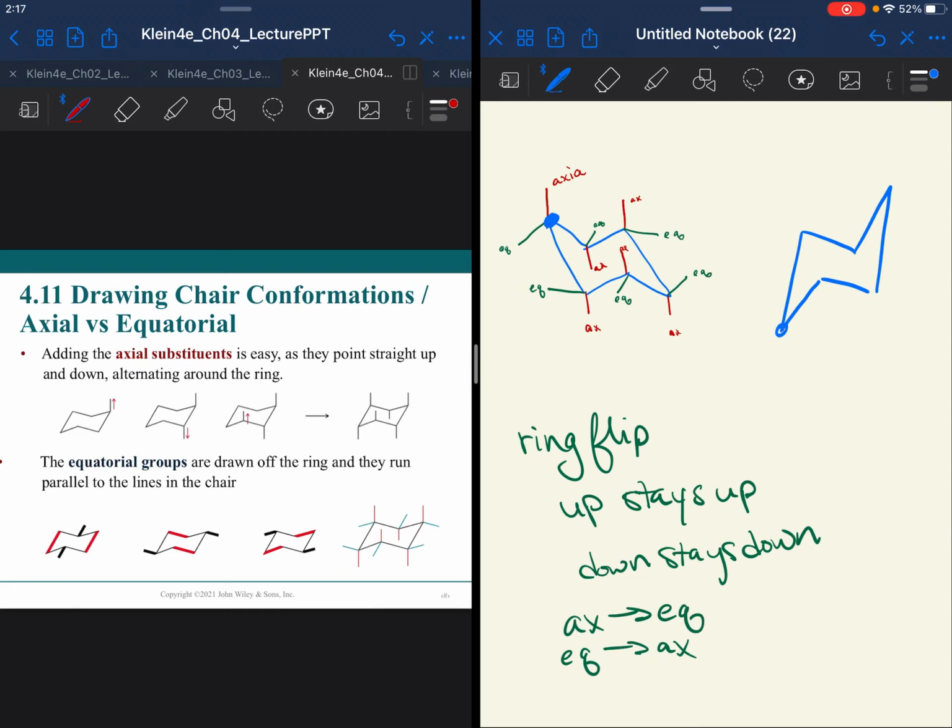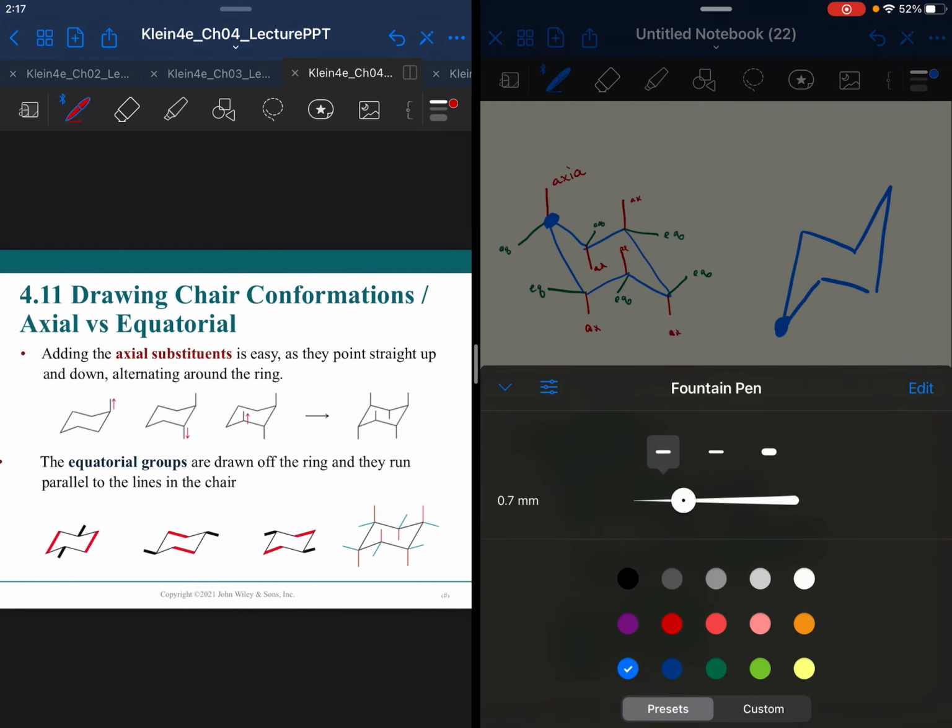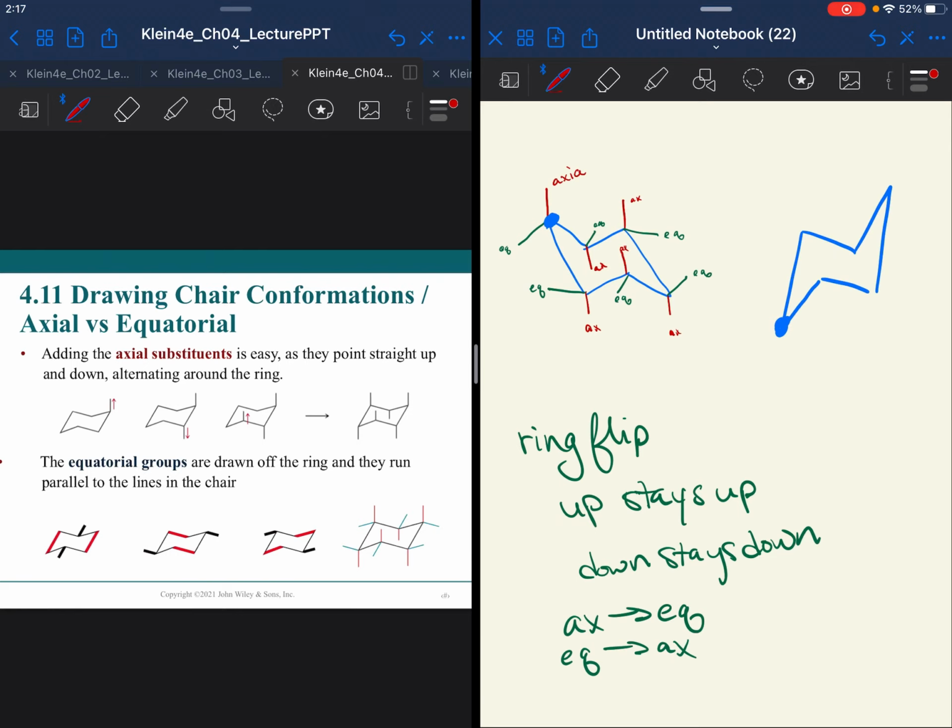Right, this carbon here is this carbon. So if my up axial, and I'll use red, if my red was up and axial on the left, it is going to be up and equatorial on the right. If it was down and axial on the second carbon, it's going to be down equatorial. Up equatorial, down equatorial, up equatorial, down. Oh no, I'm on the wrong, there we go. Down.